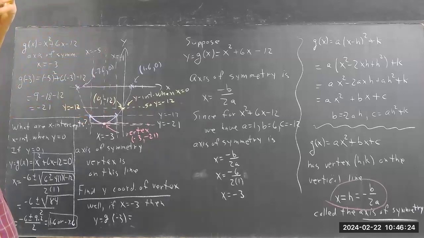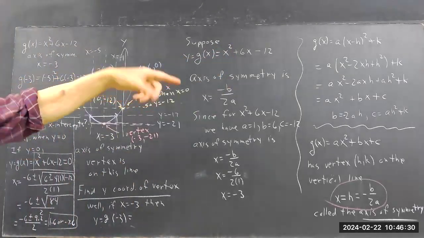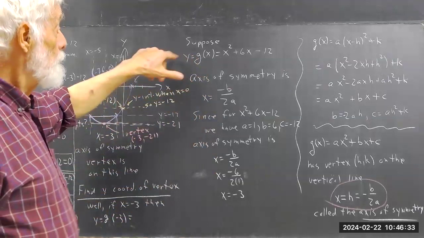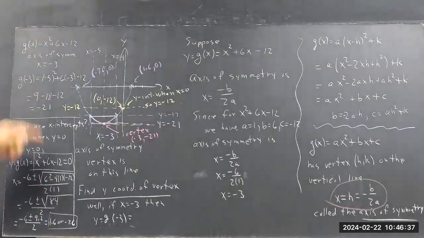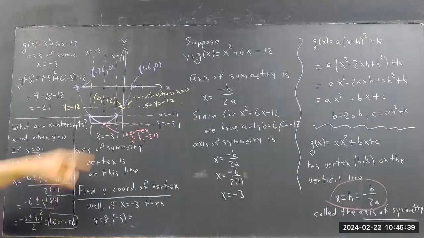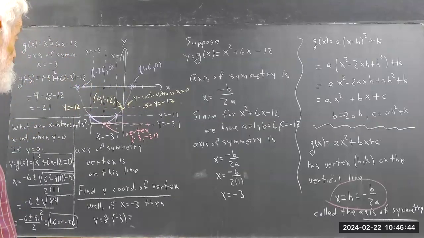Then if you have the skills that hopefully people are developing in my class, you can do this. But whether you can or not, you can then find the x-intercepts, because x-intercepts always occur when y equals 0. So you set this equal to 0, and you get the x coordinates at which the graph intercepts the x-axis.